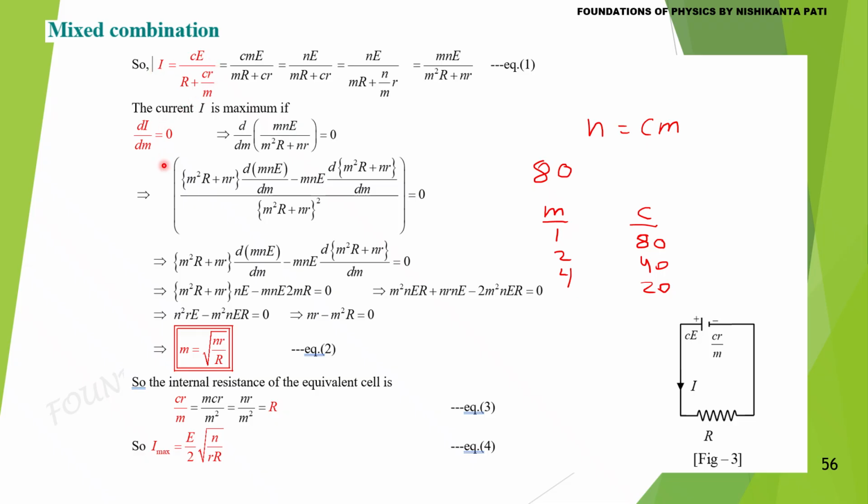That is possible when dI by dM equals 0. Finding the derivative and rearranging, we get M equal to root over nr by R. If the number of rows is this much, then the current through capital R is maximum.